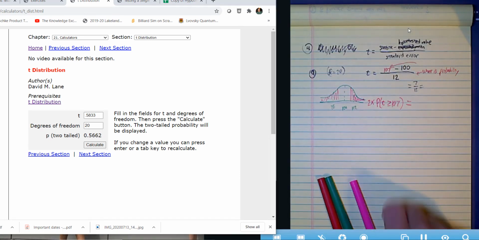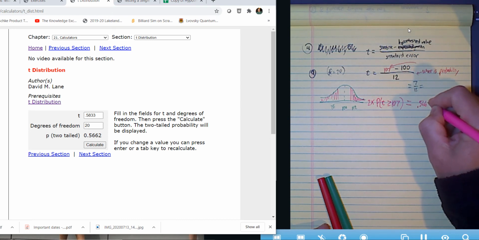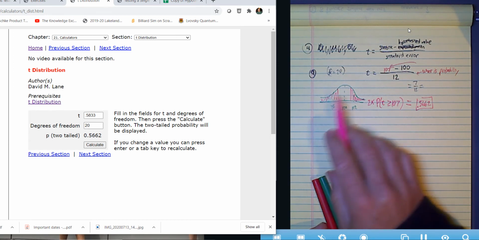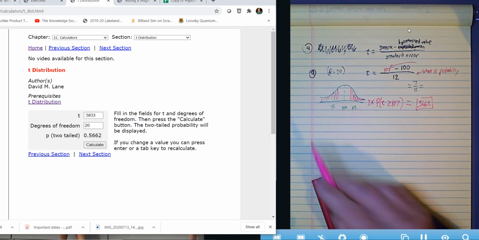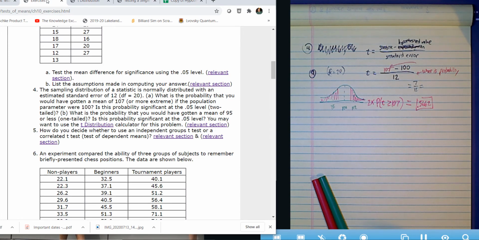Okay, so this two-tailed probability is 0.5662, 56% of the area. So a little less than half is in this little hump in the middle. Okay, so that's my answer to part A. Oh, there's actually another question.